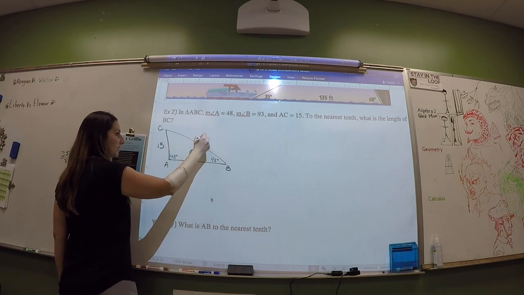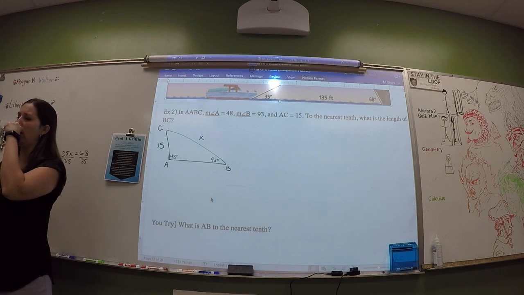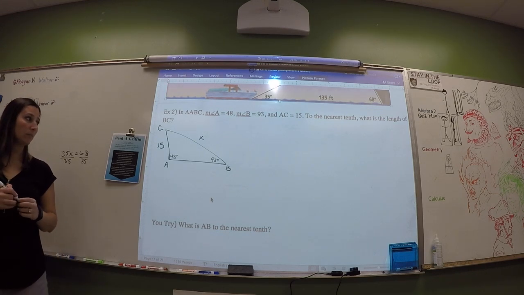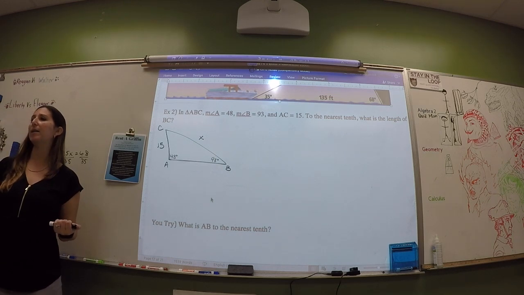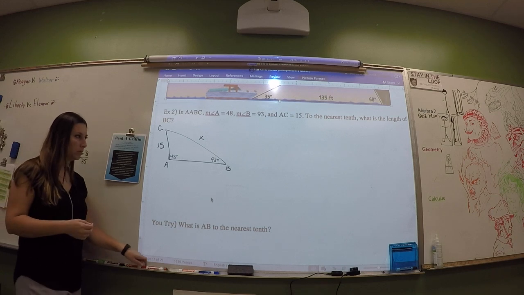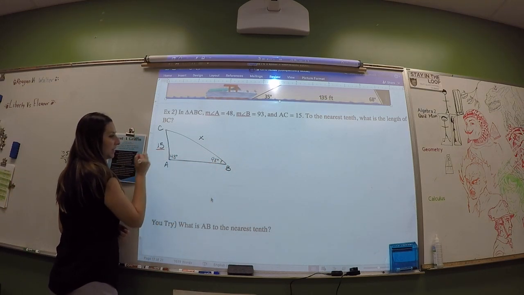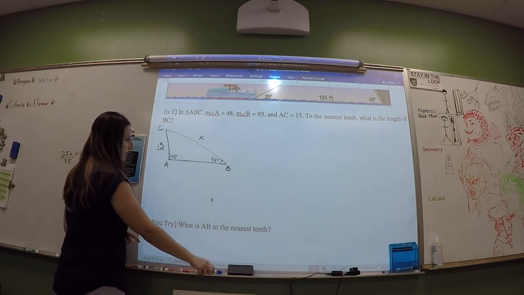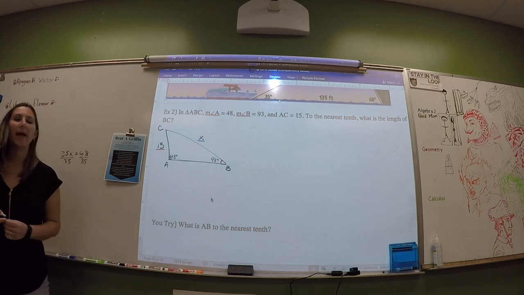Okay, so I'm going to call this X. Now, if you don't draw the picture, it's sometimes hard to see what side is across from what angle. So the picture is really important. We can see that 93 is across from 15, and 48 is across from X.